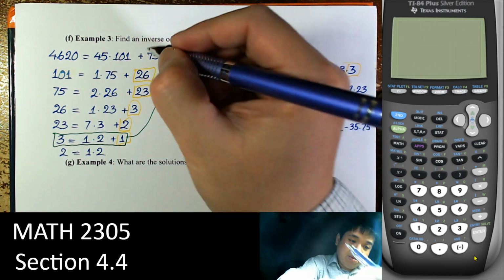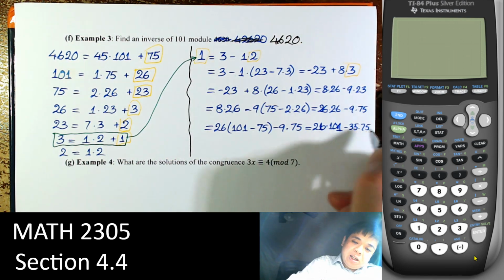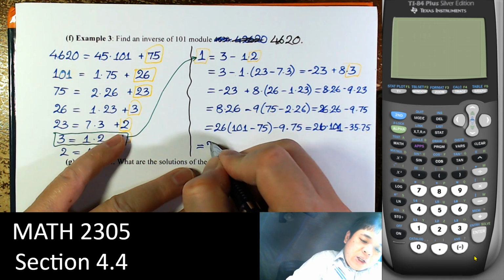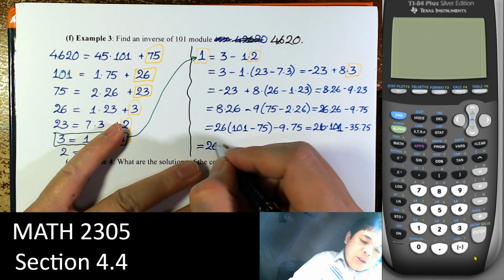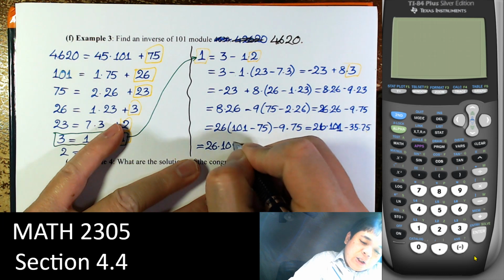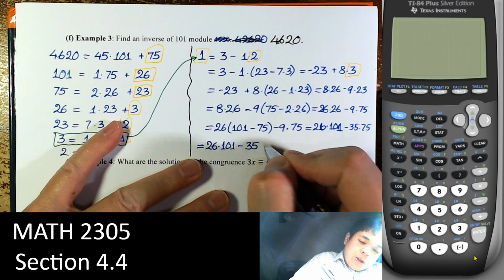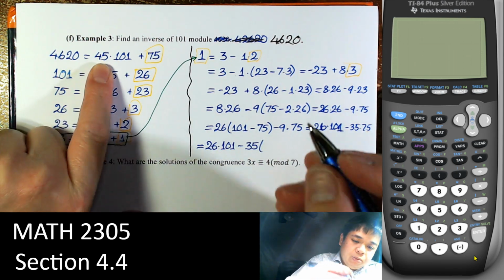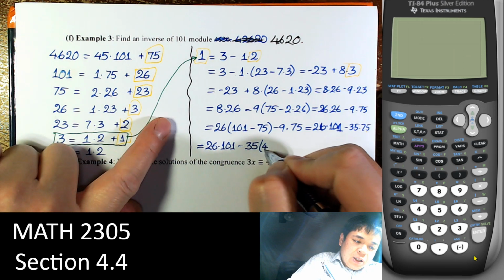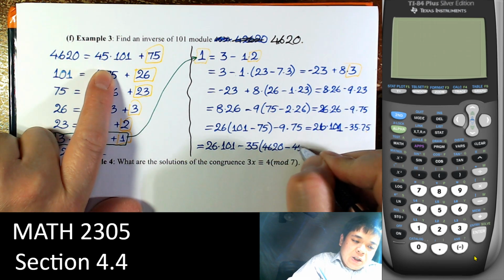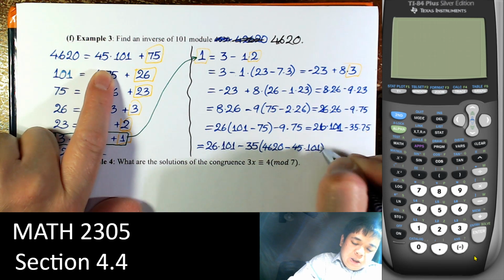Finally, we take care of the 75. Substitute in here. 26 times 101. And 75 is 4620 minus 45 times 101. Right.